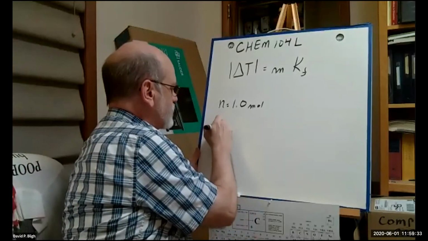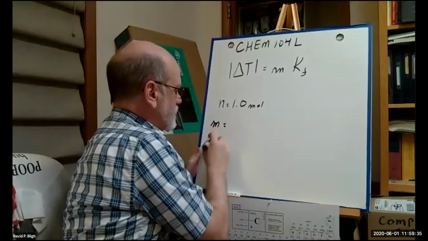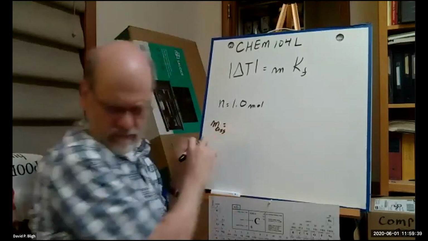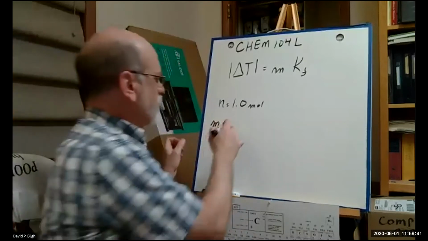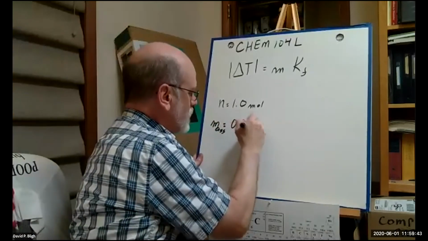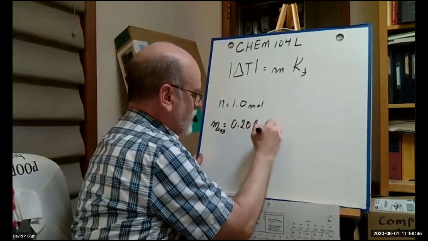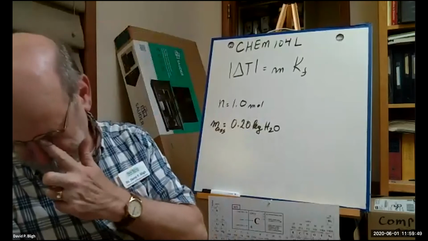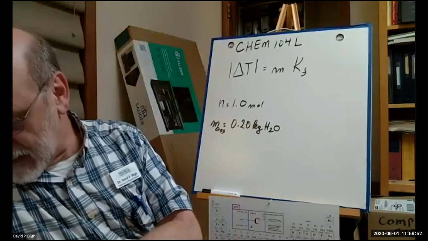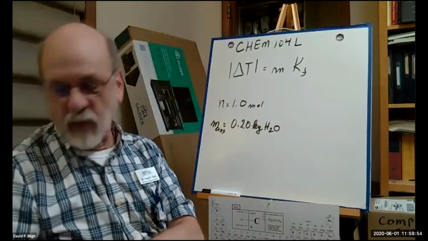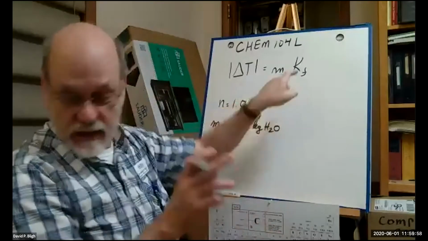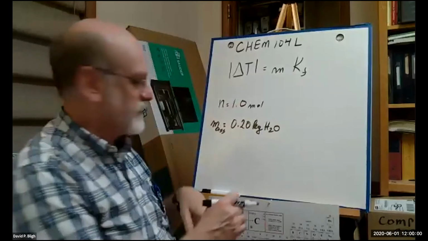So the mass is, let's see, what did I say? 0.2 kilograms of water. And the molal freezing point depression constant, that value for water, is 1.86.